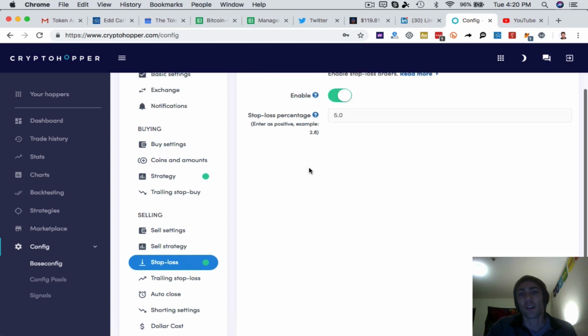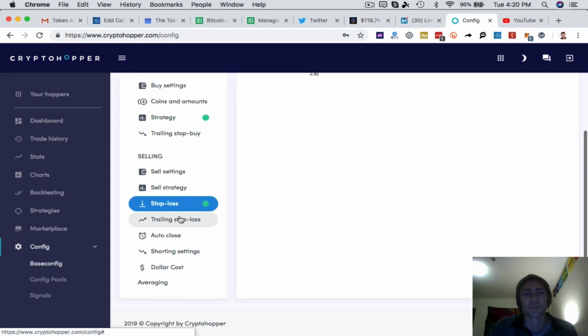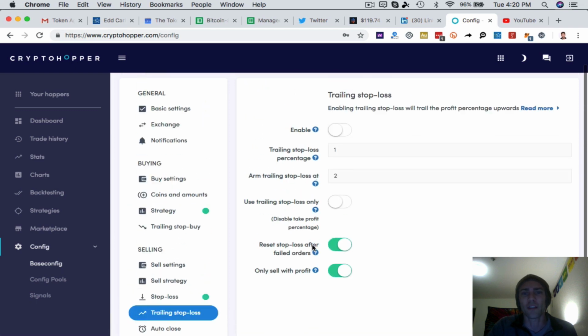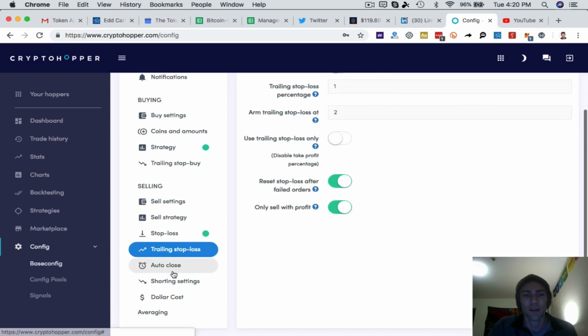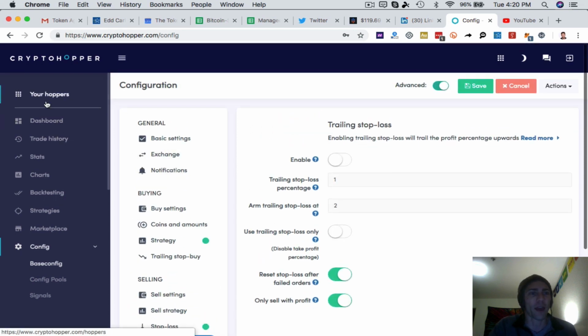I'm also using a stop loss because I had some positions that just ran too low, and I was holding them too long. When it finally did sell, according just to the simple RSI strategy, it sold them at a loss. So we've got this enabled, a 5% stop loss. No trailing stop loss right now, I haven't enabled that. No auto close, no shorting, no dollar cost averaging. So that's my basic run, and here's what's happening so far.